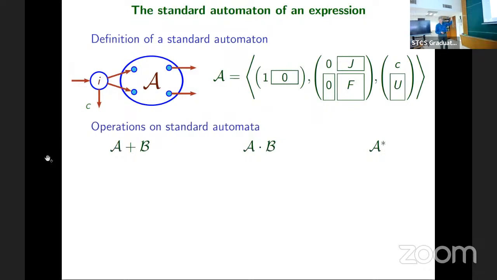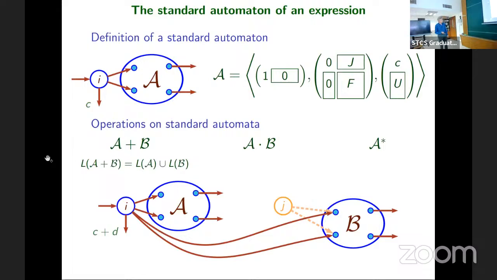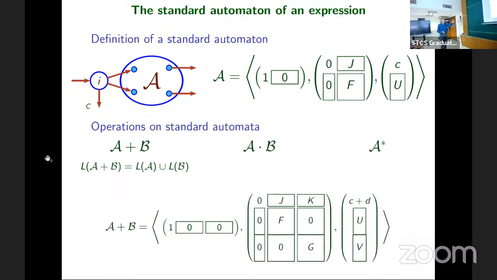And now on this standard automaton, I define operations: addition, product, and star. So if I have two standard automata, okay, this is the drawing of the sum, and it's easy to give the matrix representation.